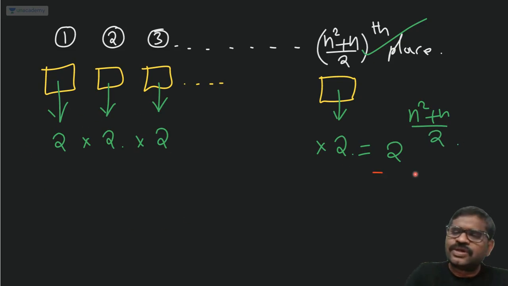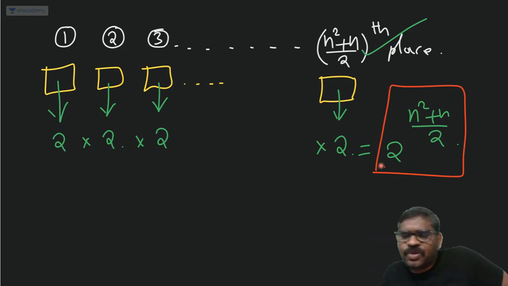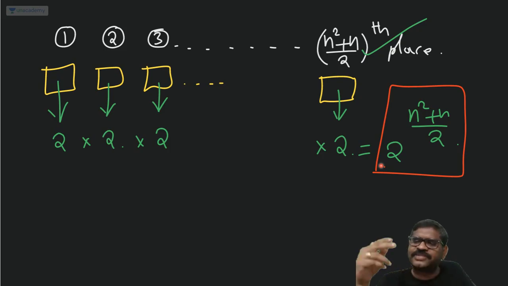So the total number of distinct symmetric matrices is 2 power n square plus n by 2. Understood? This problem requires logic.